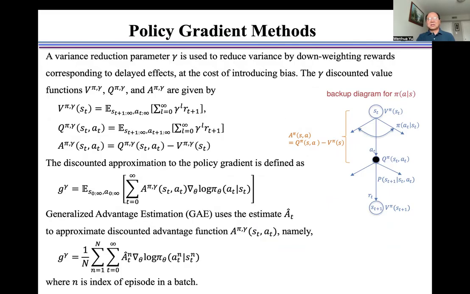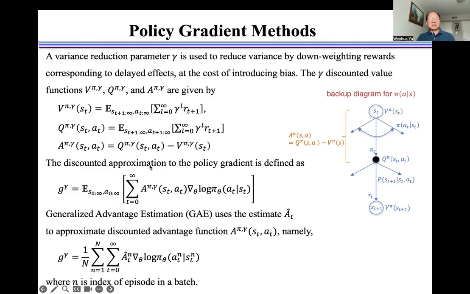The gamma discounted value functions V, Q, and A are given by these three equations and explained in this figure: this state value function, this state action value function, and this advantage function.